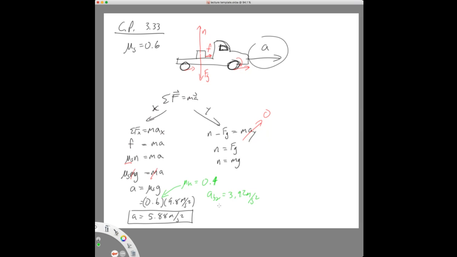The box still accelerates forward. If we're in the truck, we perceive that the box slides backward, but someone outside watching will see the box is moving forward. It's just that the truck is moving forward faster. So the box would move forward until it fell off of the back of the truck.